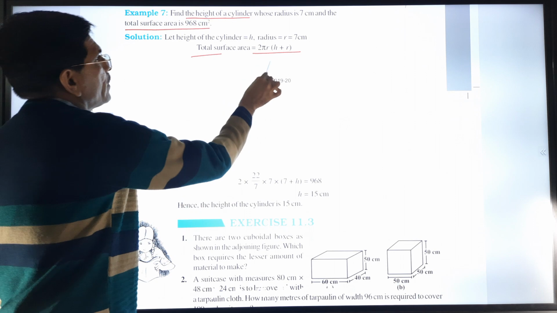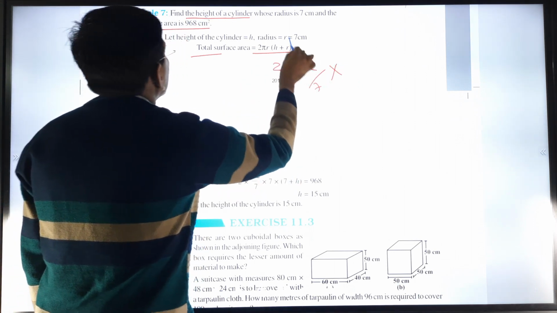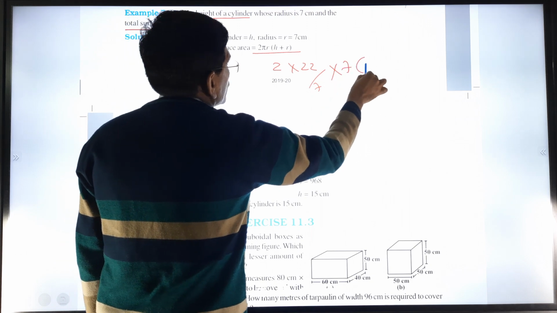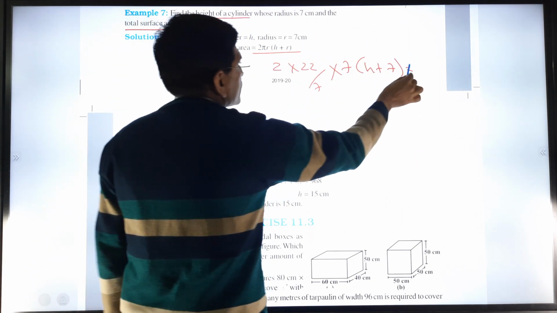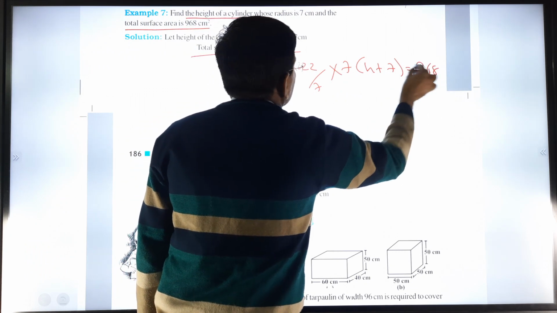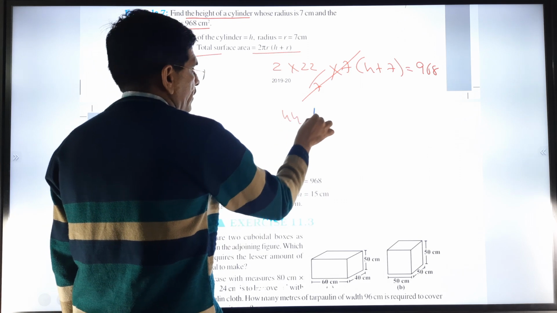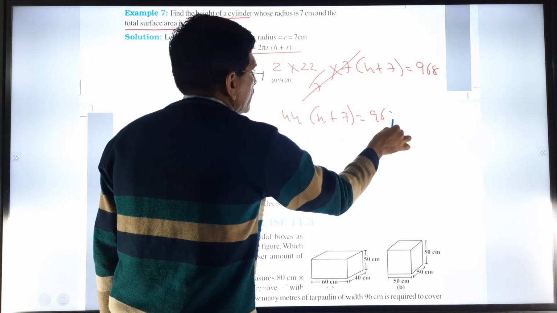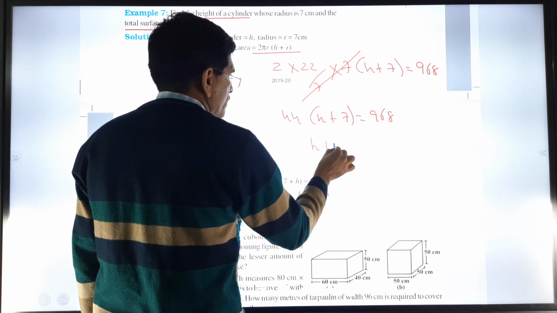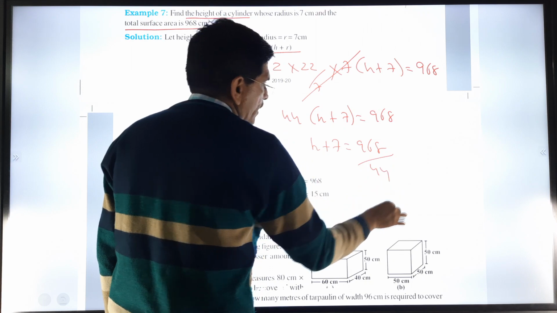So 2 pi, that is 2 into 22 by 7 into radius 7 into (h plus 7) is equal to the given 968. So we can cancel this, and 44 (h plus 7) is equal to 968. So h plus 7 is equal to 968 divided by 44.